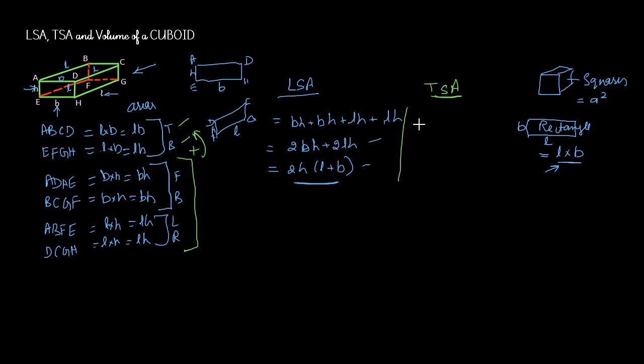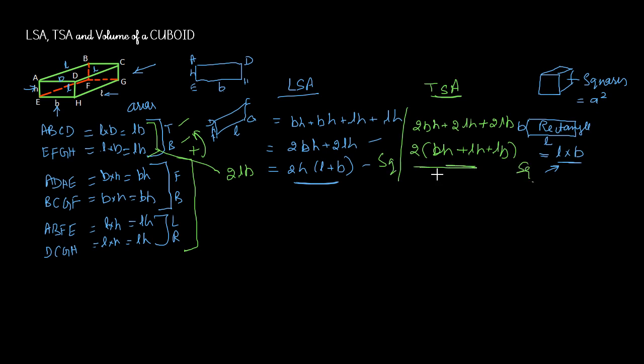So I already have 2BH plus 2LH, and if I add these two, I will get 2LB. If I take 2 common, I'll be left with 2 times BH plus LH plus LB, in square units. That's my TSA. All done, just by simple drawing. Separate the sides. If you write the areas, you will know exactly what to add, and you'll come up with the formula.